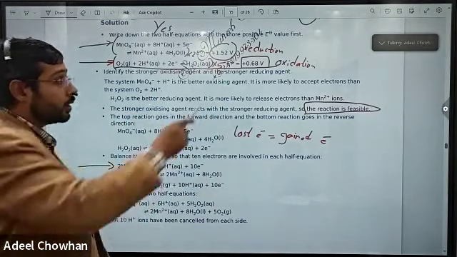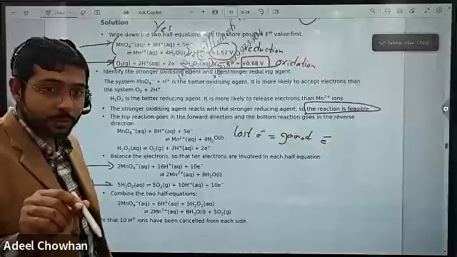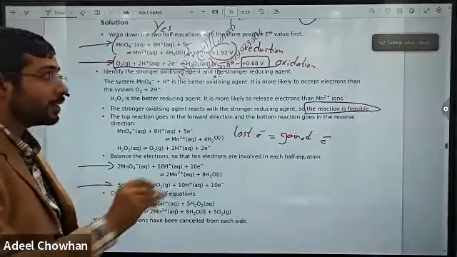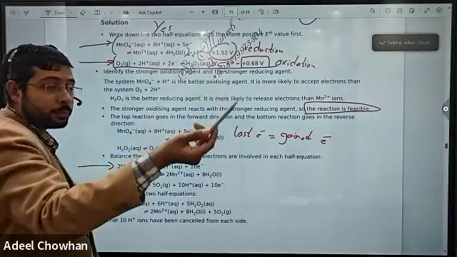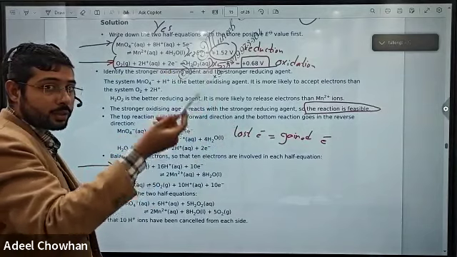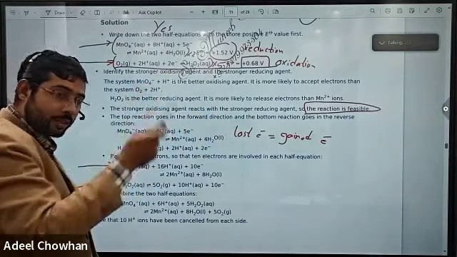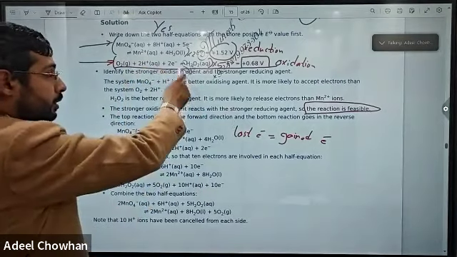No. Both reactions are shown in terms of the reduction, which means exactly, the oxidation reaction will be flipped. What does flip mean here? Exactly. The products become reactants and reactants become the products. So we flip the equation.